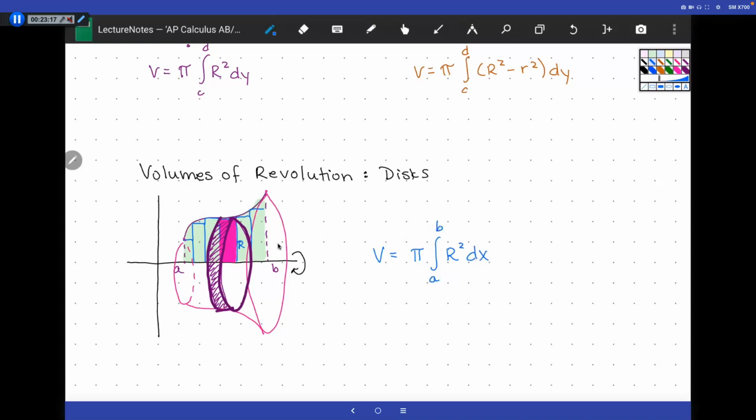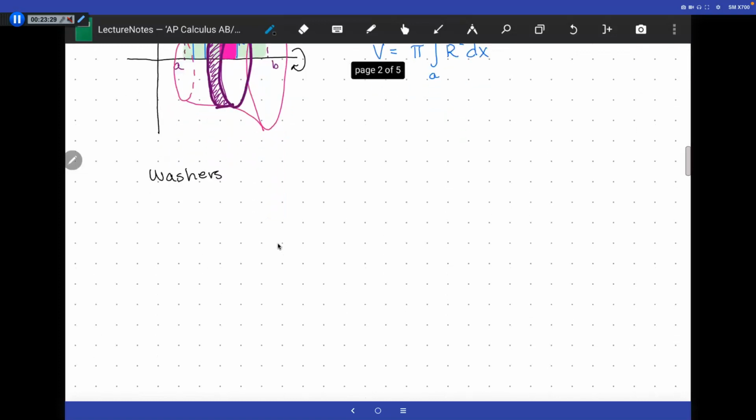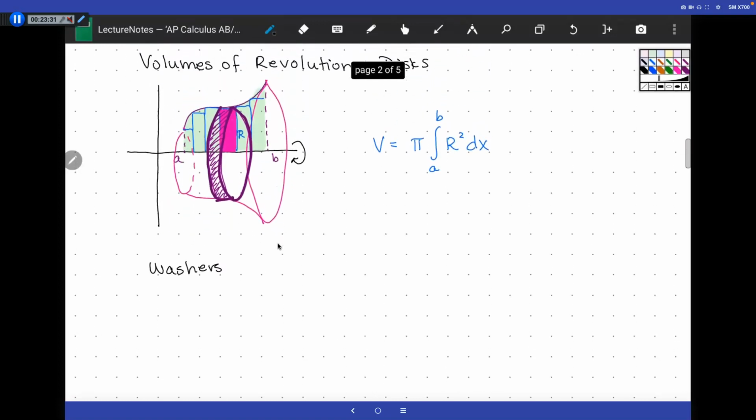Let's try to do a disc now. I mean a washer. So washers. Anybody still need the disc or have any questions on the disc? Yes, Kenny. Oh, you still need it? Okay.